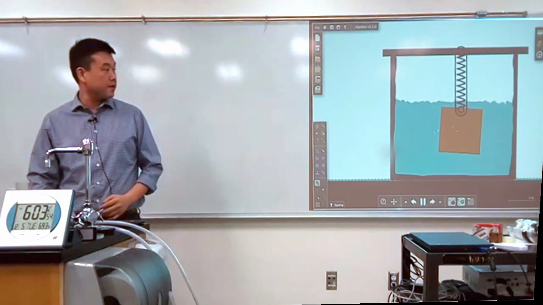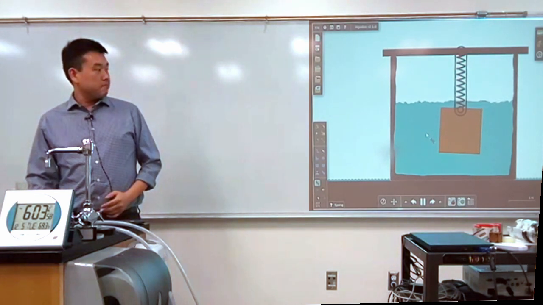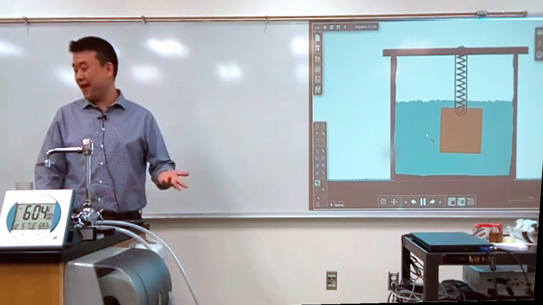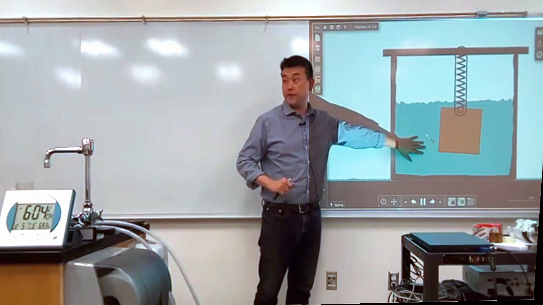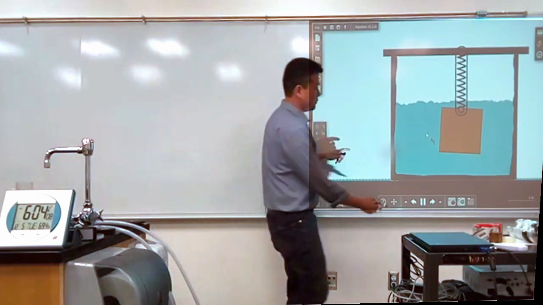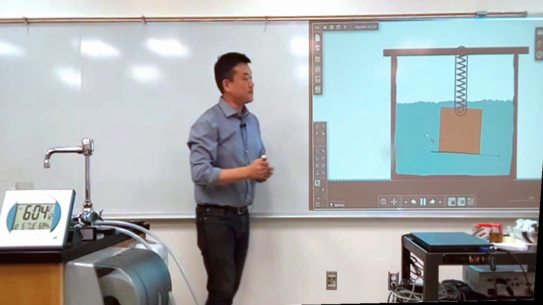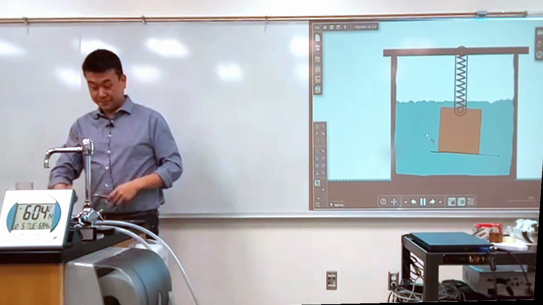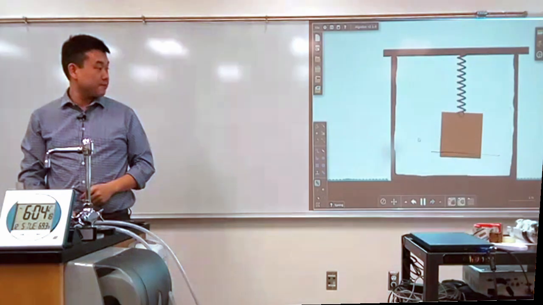So what I want to show is some sort of simulation evidence that this liquid does provide some force. So what I'm going to do is mark the current position. This is hanging in, and see what happens when I get rid of the liquid. So I'm just going to right-click on water and erase.